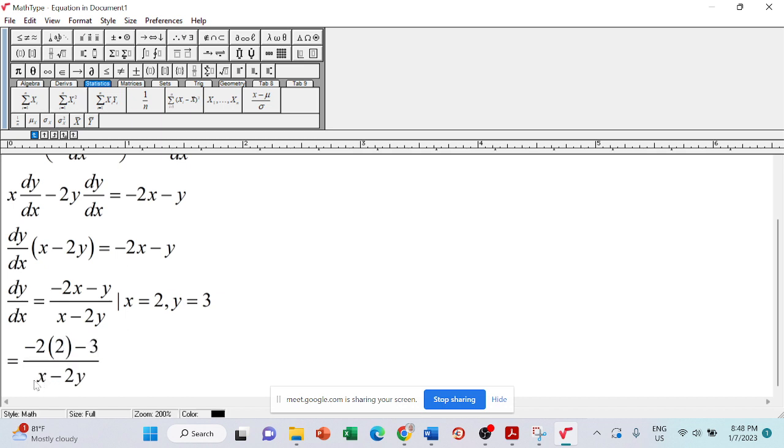Can you simplify for madam? What is the value? This is 2, this is 3.